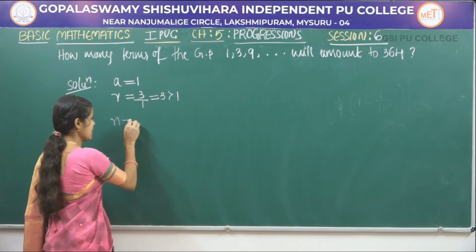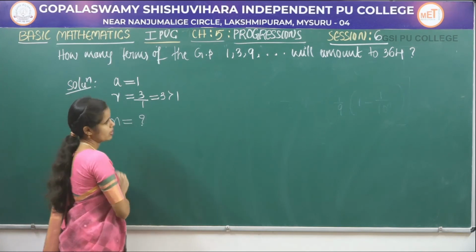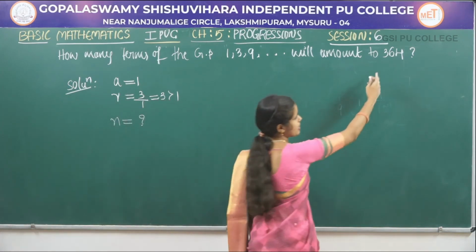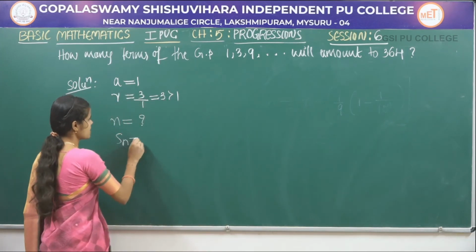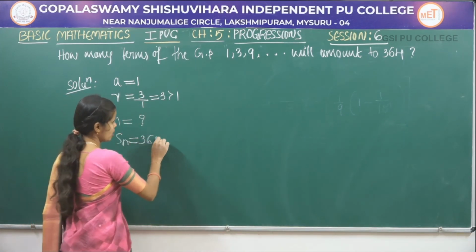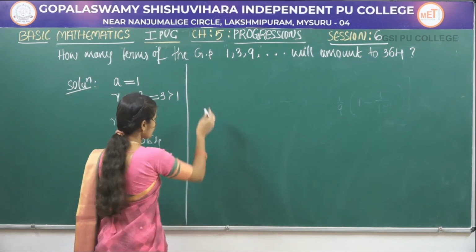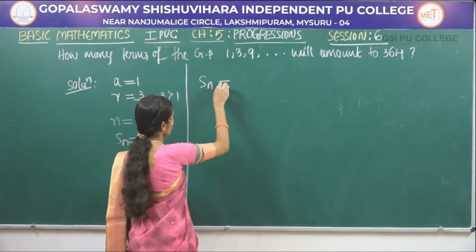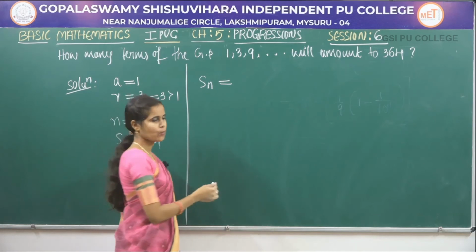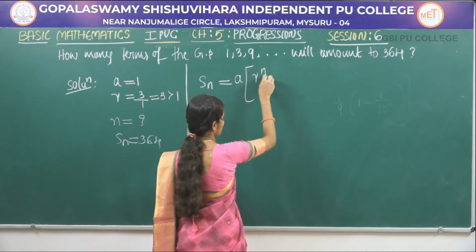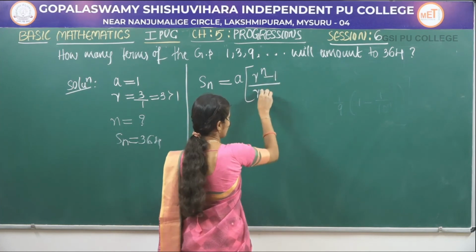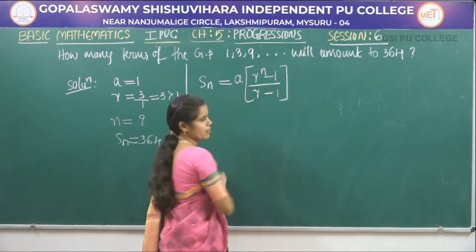So we want n. Here Sn is 364. Since R is greater than 1, consider the formula Sn equal to a into r to the power of n minus 1 by r minus 1.